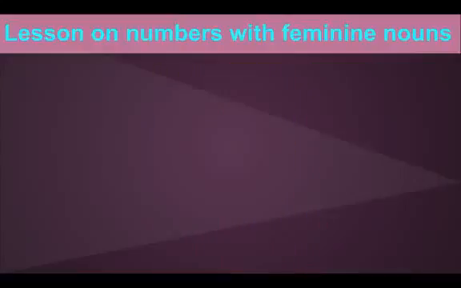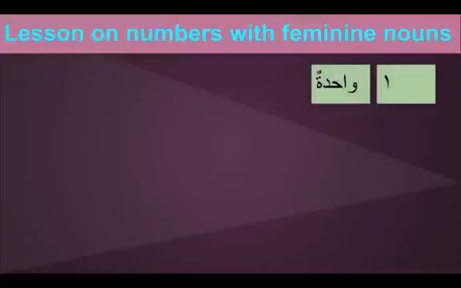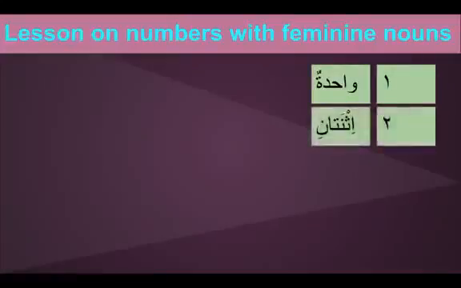Number 1 and 2 we know is na'at man'ud, so it has to match. If the noun is feminine, the number is also feminine. So 1 will be wahidatun and 2 will be ithnatani, and from 3 to 10 it is the opposite. The noun is feminine, so we have a masculine number.